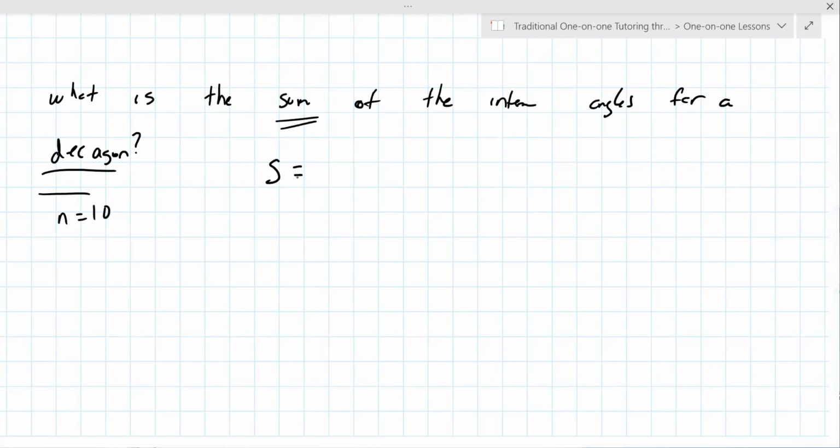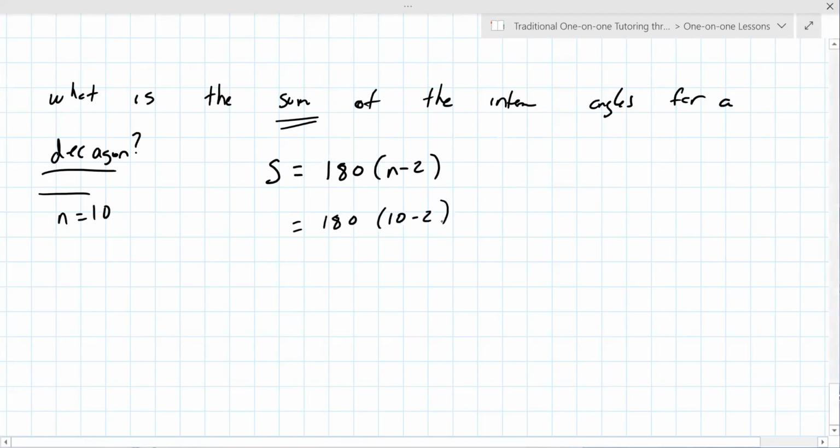The sum formula is 180 times n minus 2. Okay, S equals 180 times n minus 2. So what is the value of n? 10. Okay, so substitute it into that equation and give me the final answer, please. 8 times 180.